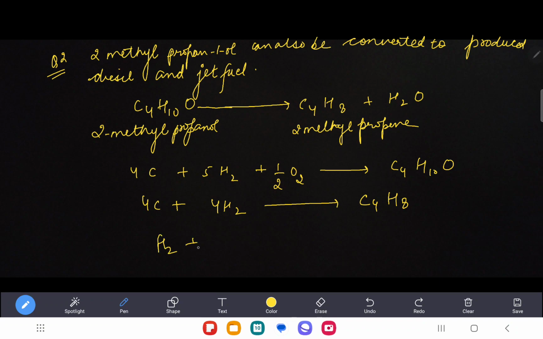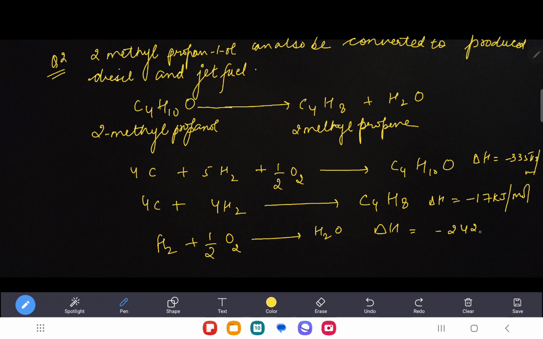And H2 plus half O2 shall give you H2O. Energies for these are given to you as minus 335 kilojoules per mole, minus 17 kilojoules per mole, and delta H for this is minus 242 kilojoules per mole. So this is the question given to you.